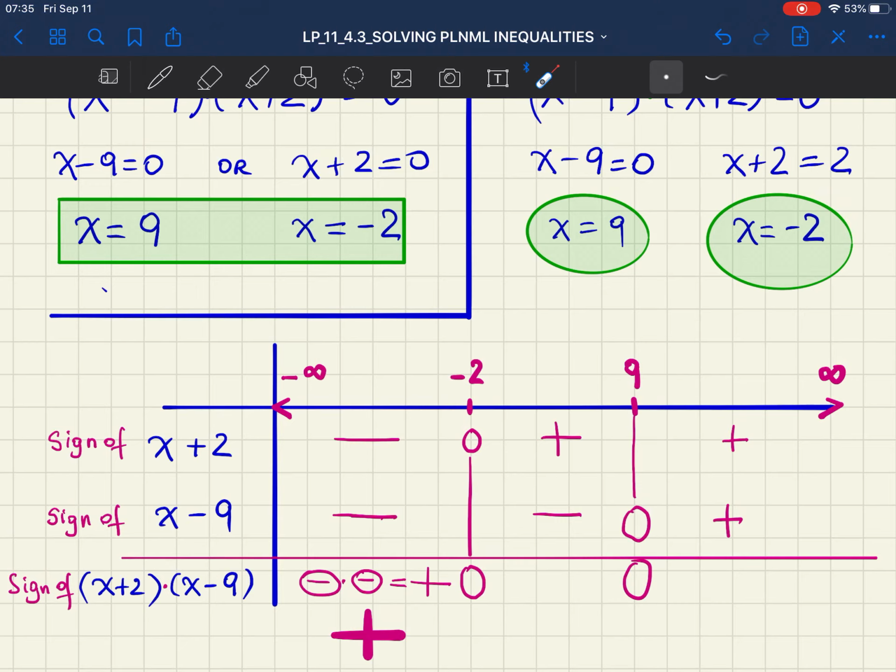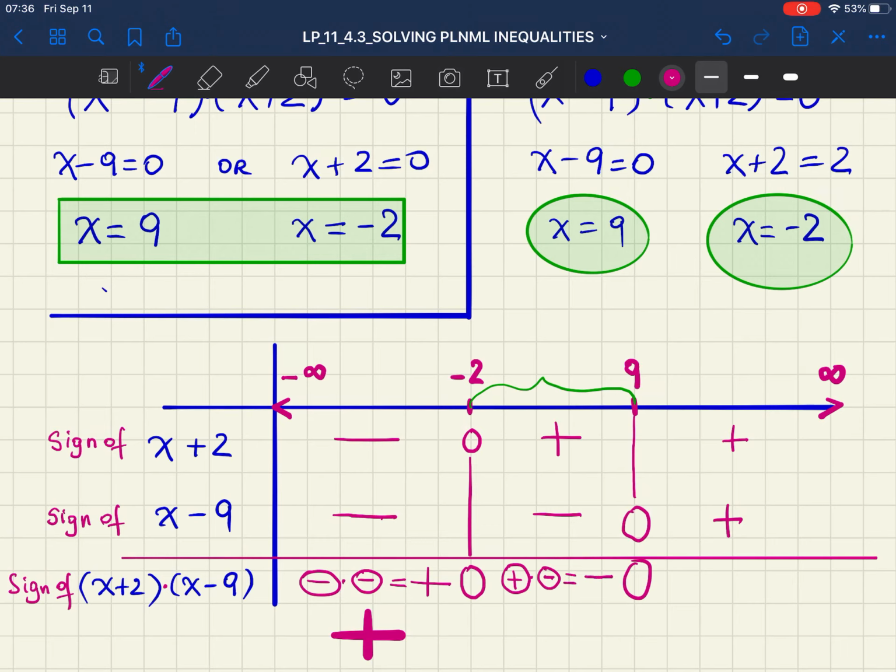Now, for the values of x between negative 2 and 9, so from negative 2 to 9, now imagine 0, all the numbers in between, right? X plus 2 will be positive, but x minus 9 will be negative. So the product x plus 2, x minus 9 will be the product of a positive with a negative.